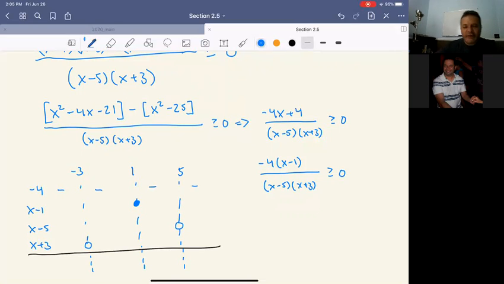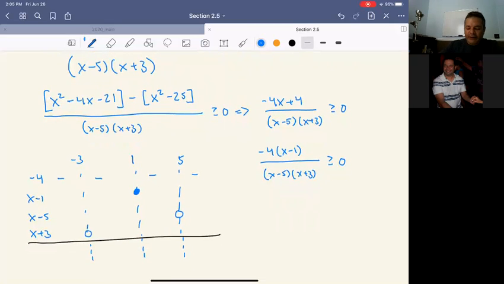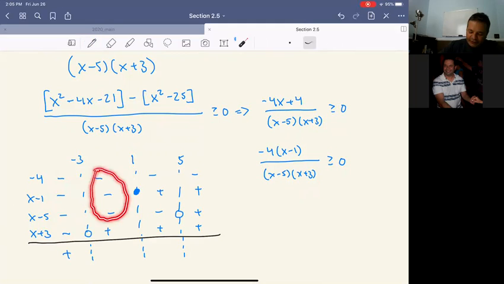It's going to give you a negative in your sign chart. x minus 1 is a line sloping up with slope 1, so it changes from negative to positive. x minus 5 changes from negative to positive. x plus 3 changes from negative to positive. 4 negatives gives you positive. 3 negatives gives you negative. 2 negatives gives you positive, negative.